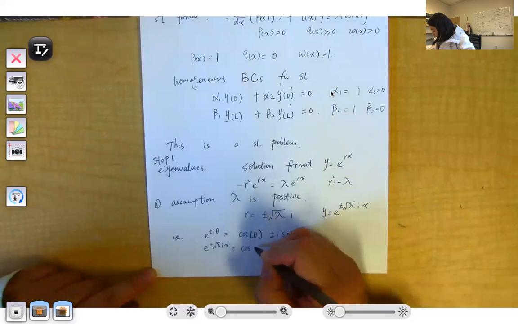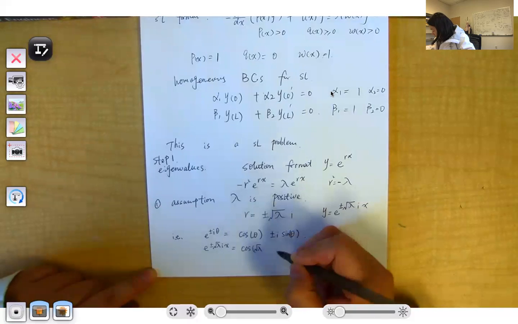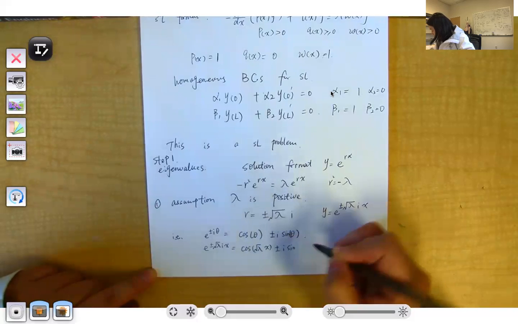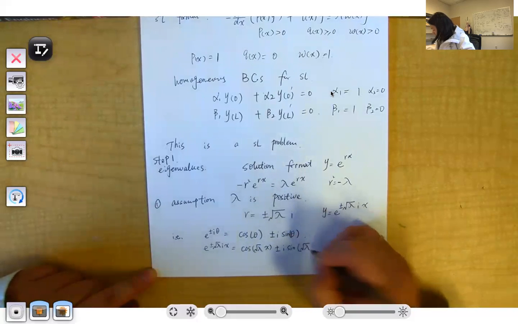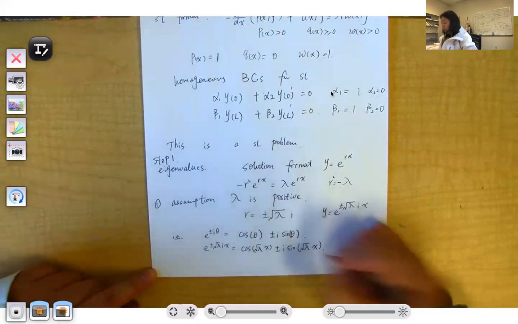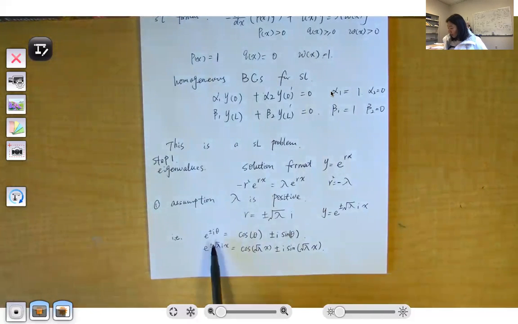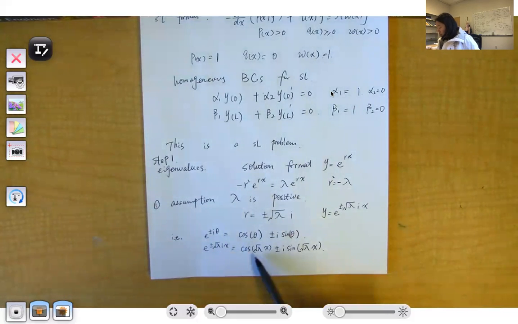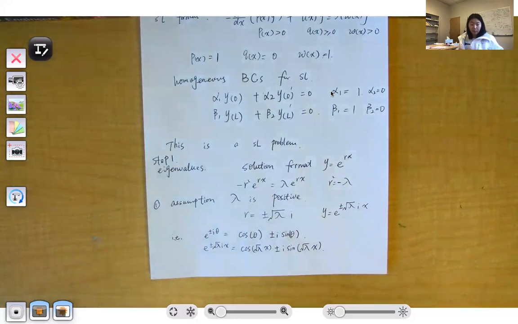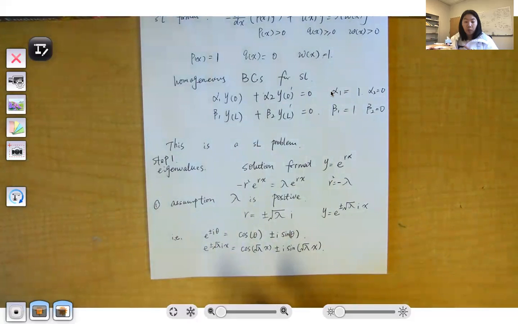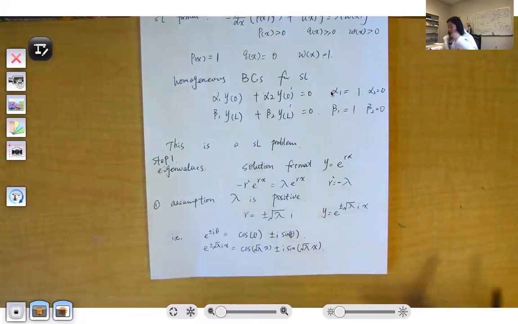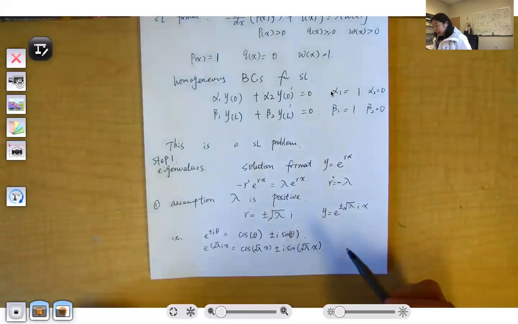cosine root of lambda x plus minus i times sine root of lambda x. So we can transform our exponential into a sine cosine form, and it will be easier for us later to plot the physical 2D plot for this solution. So we will use the sine cosine format.